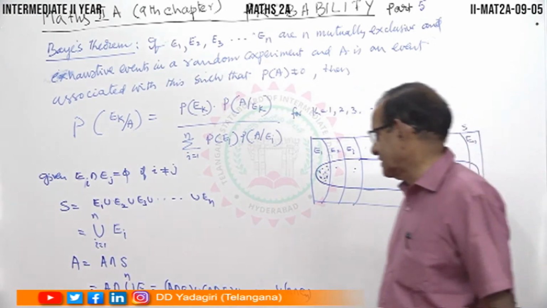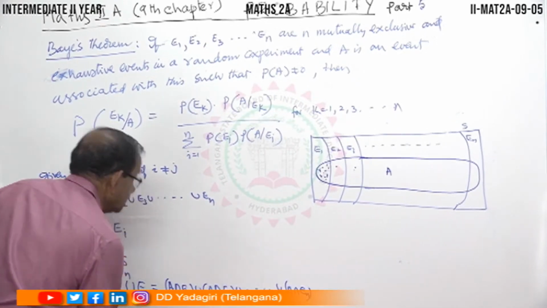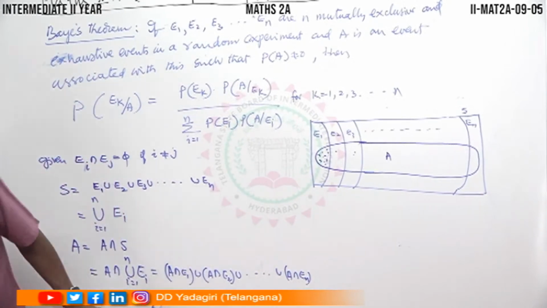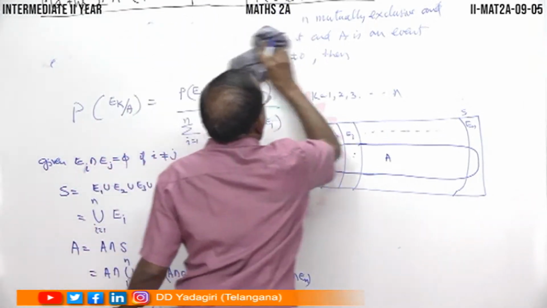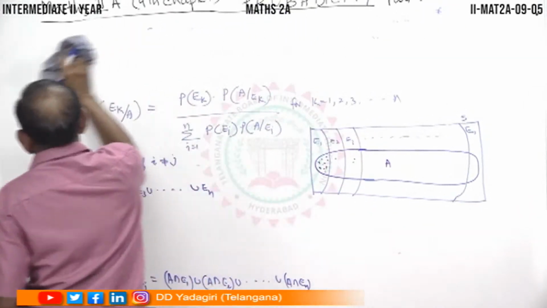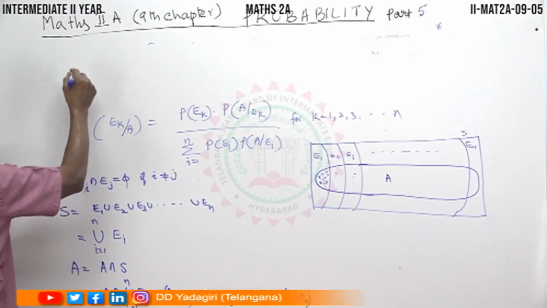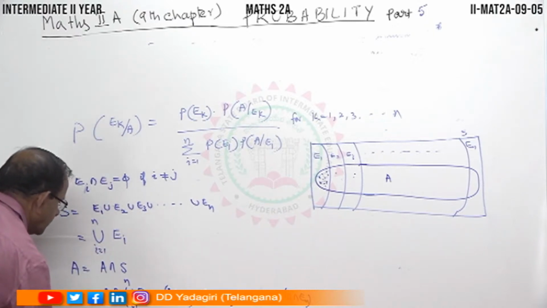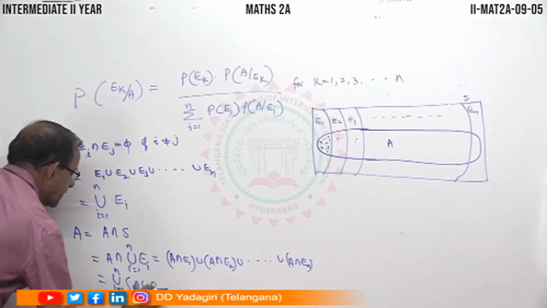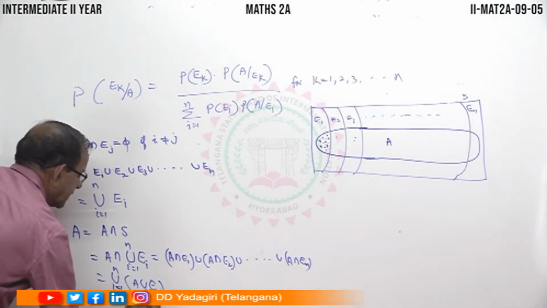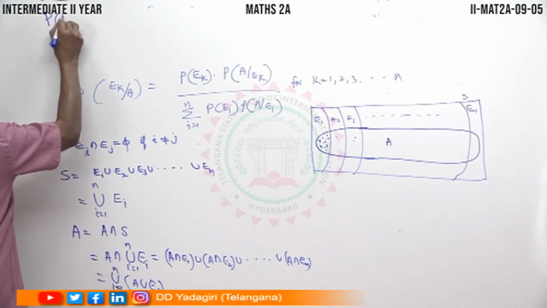Now you have got it like this. Now you can write it as union of i is equal to 1 to n, A intersection Ei.